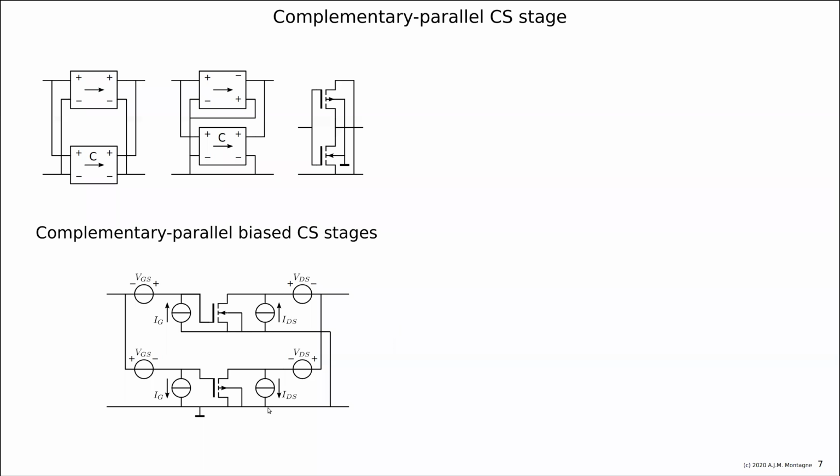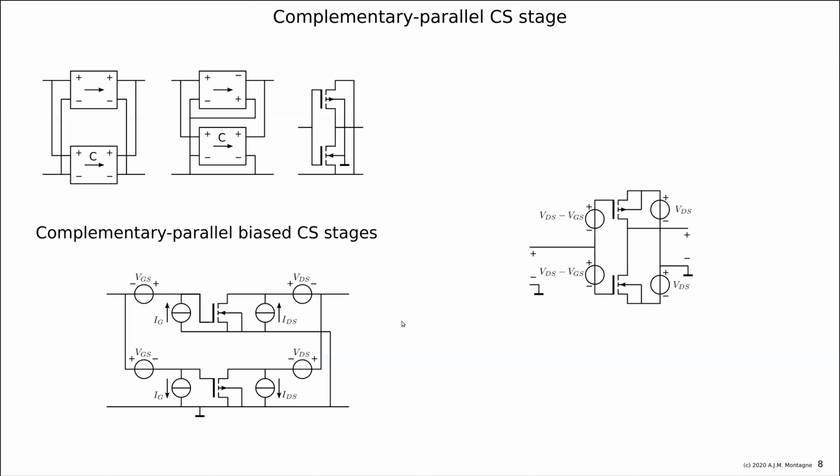You can leave them out because they don't add anything, and the device is completely biased with voltage sources, as the differential pair was completely biased with current sources. So here we have shifted the VDS through the device, which means it enters in the source and it also enters in the gate. And that's what we have done.